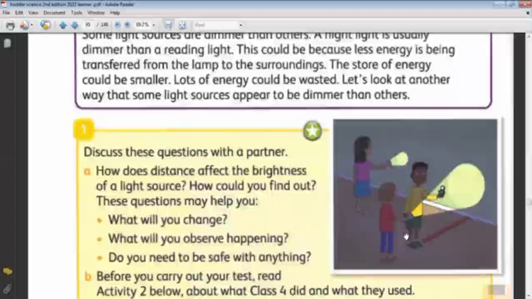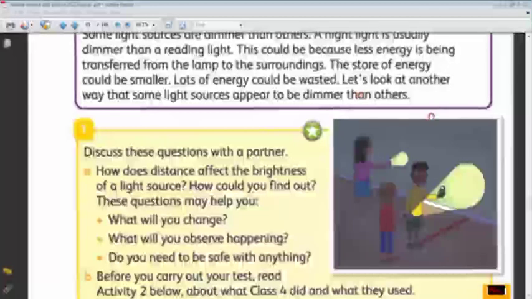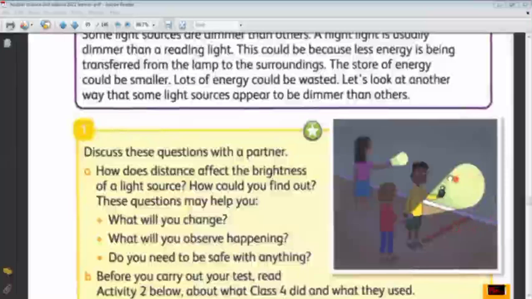And what happened to the circle? The circle will increase. Yes, it will be bigger. This one has a small circle and this one has a big circle. So the size of the circle will be increased.